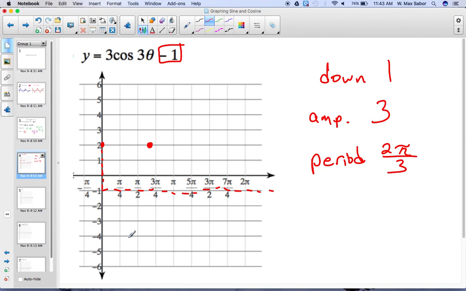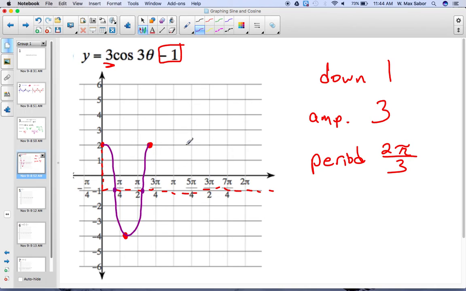Halfway between that, it's going to be at a minimum, so that would be at pi over 3. It's going to be at a minimum, and again, that's going to be 3 away based off of our amplitude of 3. Lastly, halfway between these, left-right, is going to be where cosine has an equilibrium point. So here is 1 period of our cosine graph.